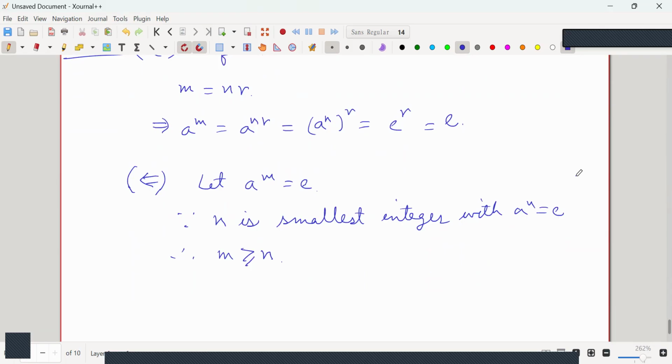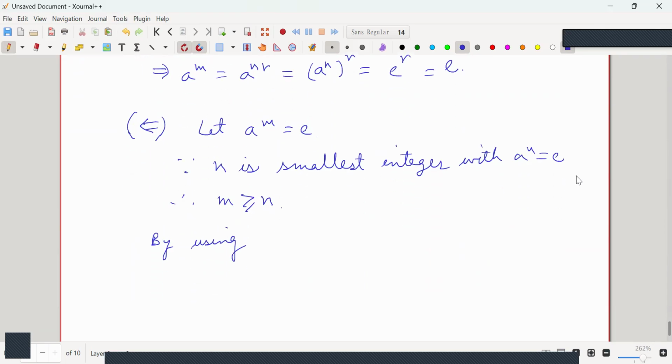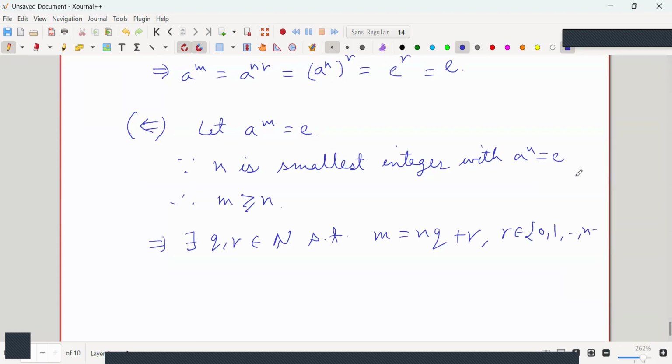Or even let's not say so many theorems. So it's obvious that if m is greater than n, this will imply that there exist some q and r, some natural numbers, such that m is equal to nq plus r, and r is between 0 to n minus 1.